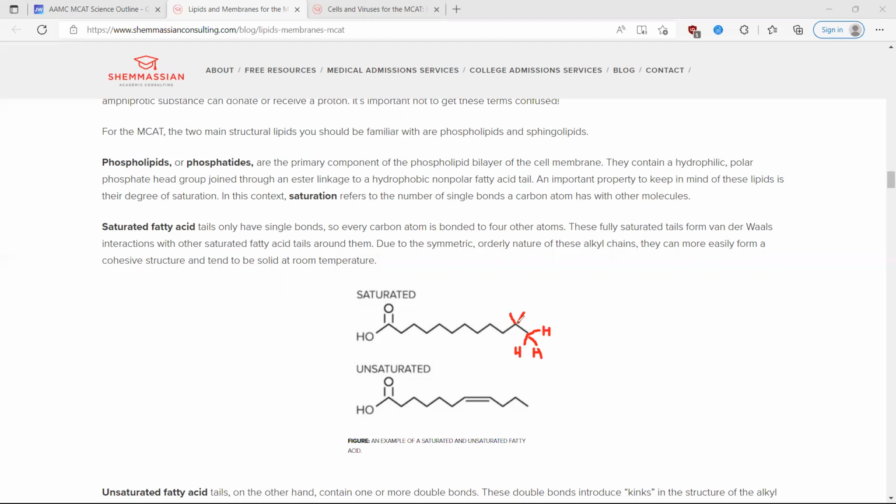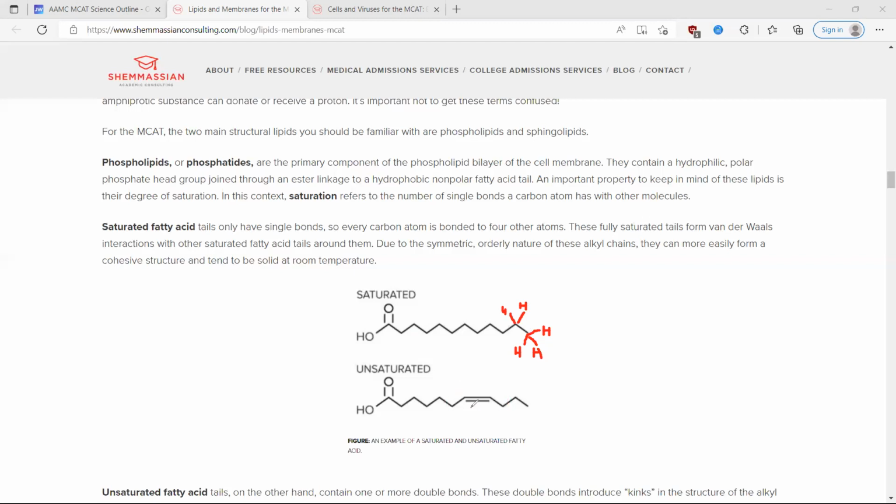But for the ones in the middle, this carbon is attached to a carbon, is attached to another carbon, and is attached to two hydrogens, right? So this hydrocarbon, the first one, is completely saturated because every spot that can have hydrogens has hydrogens.